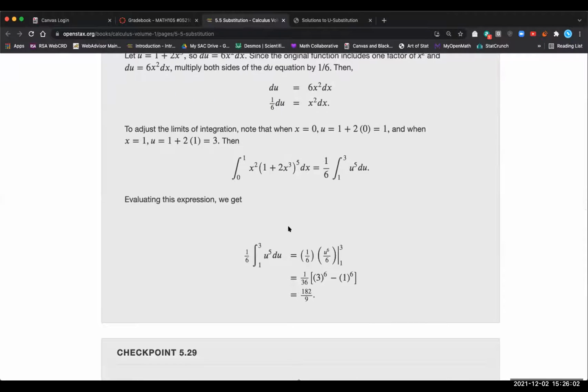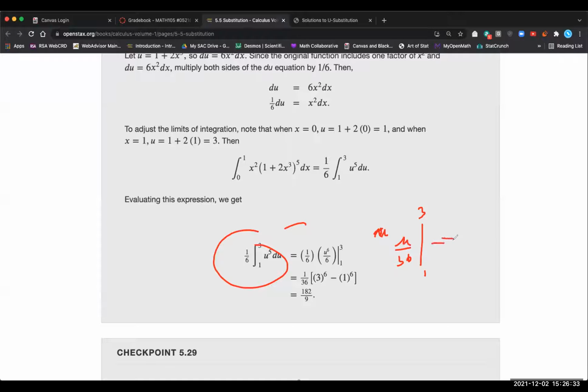Once you get to this point right here, some people prefer just to change the variables back to where we were. Once we get right here, you end up with u to the 6 over 36, from 1 to 3, when you expand that.